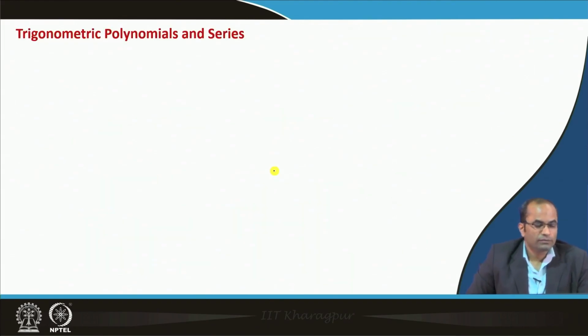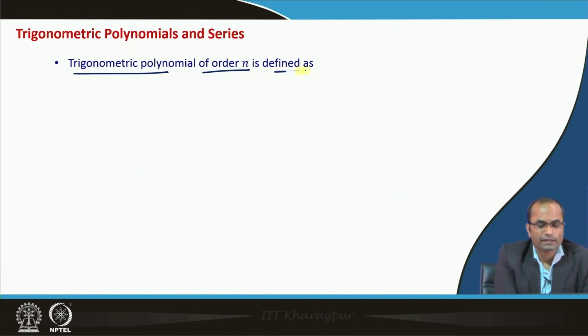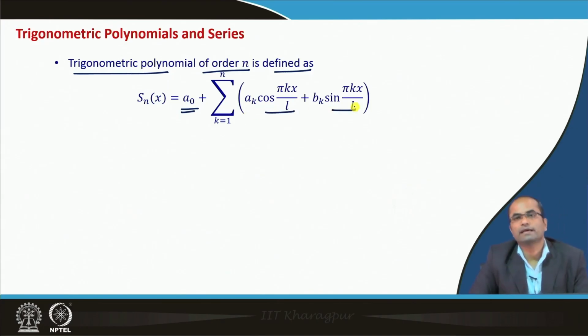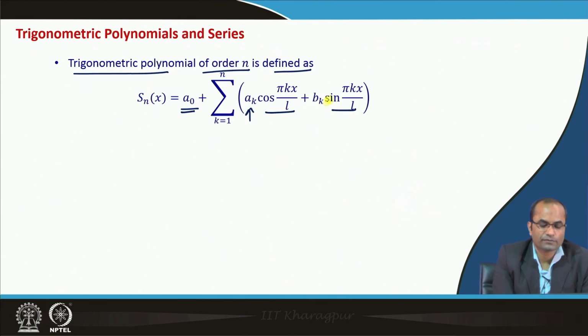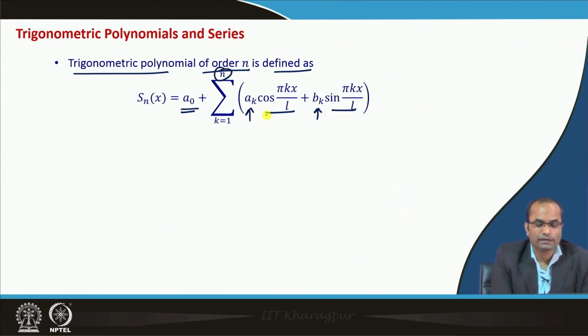Okay, so what are the trigonometric polynomials and trigonometric series we will be considering now. The trigonometric polynomial of order n is defined as some constant plus the sum of cosine and sine functions with some coefficients sitting in front of the cos and sine. Since n such terms are added with these cos and sine terms, we call this a trigonometric polynomial of order n.